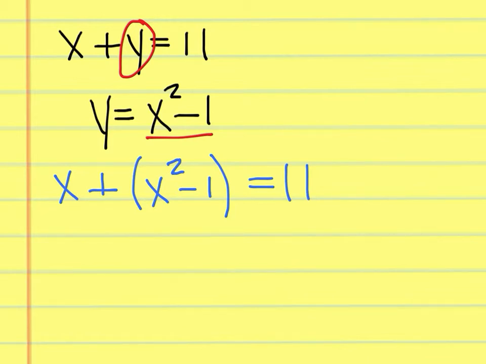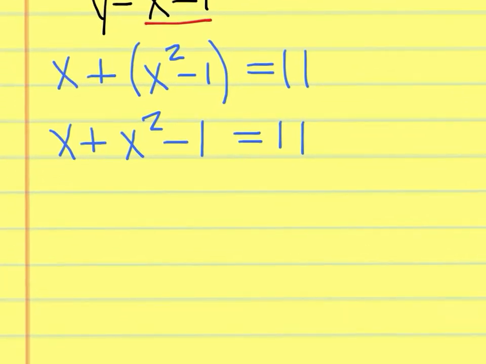Now plus a quantity doesn't change the signs, so we can just rewrite it dropping the parentheses. Now you have an x squared, an x, and some constants. That means you can make a quadratic equation out of this. So just shuffle the x squared over a little bit.